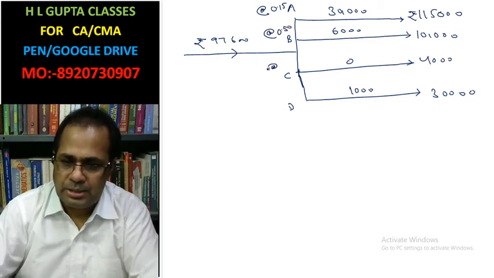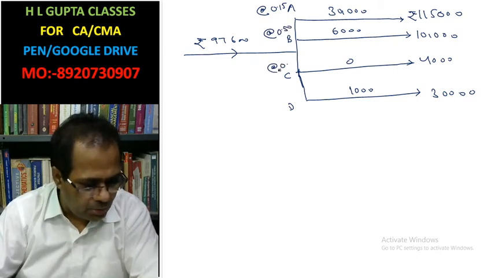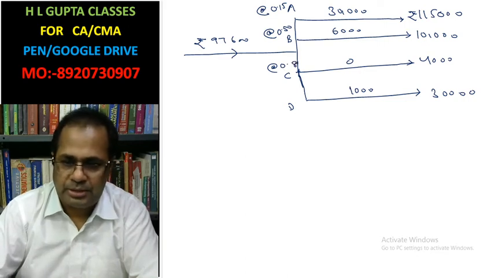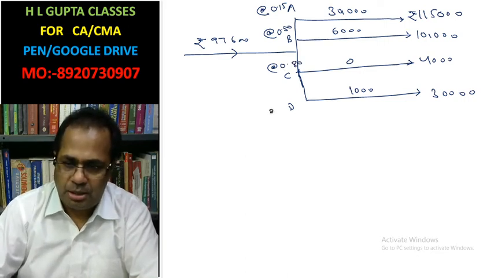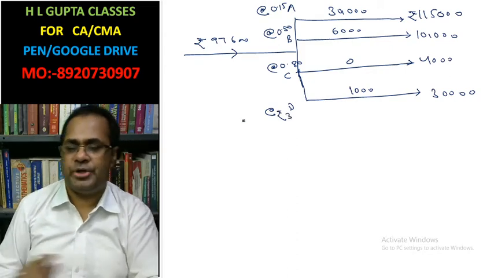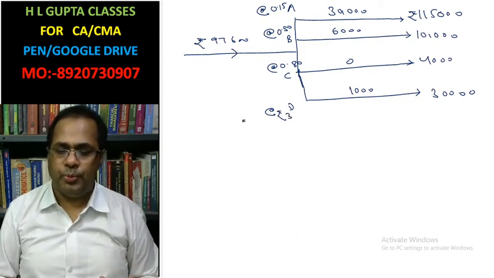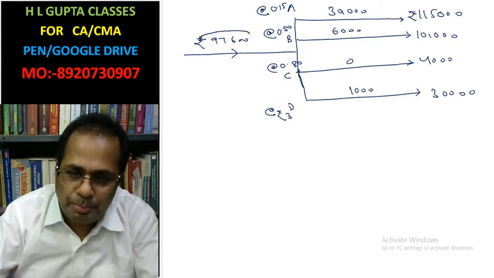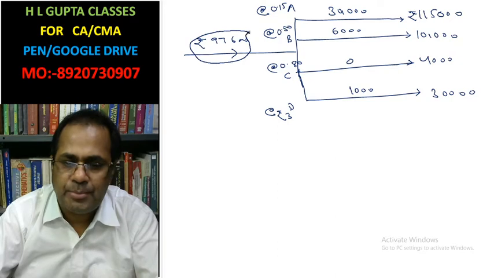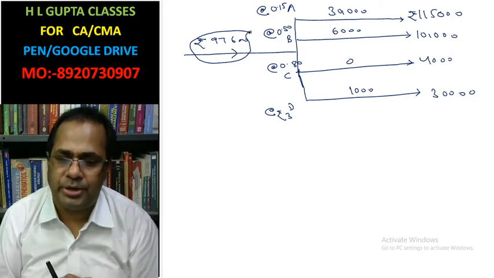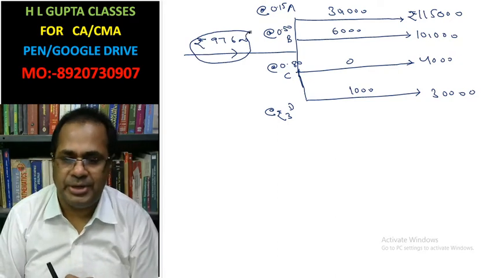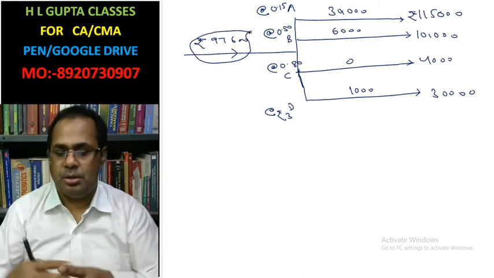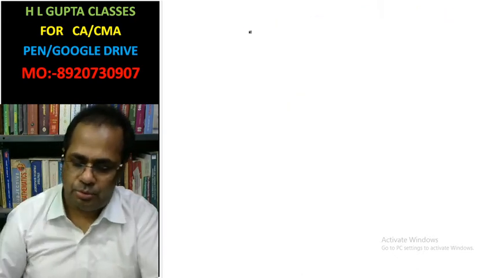These are the rates. Now we have to apportion this joint cost on the basis of the net realizable value method. That I am going to do.